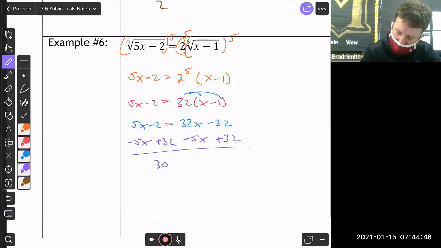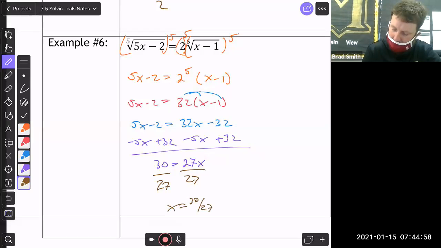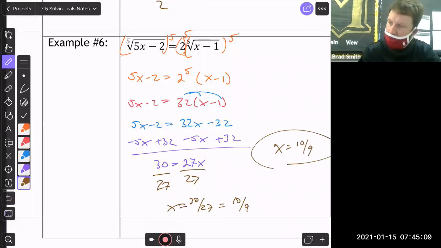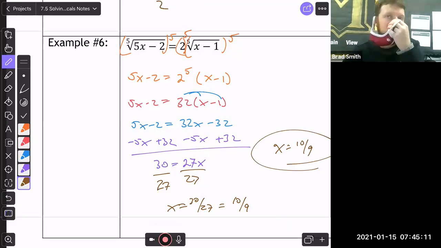That gives me 30 is equal to 27x. Divide both sides by 27. So x equals 30 over 27, which is 10/9. So x is equal to 10/9. And we're good to go.